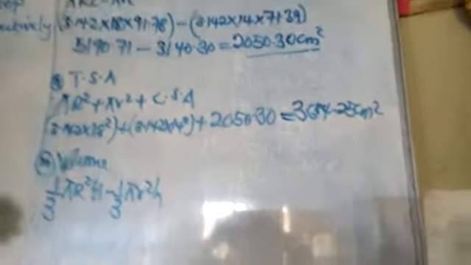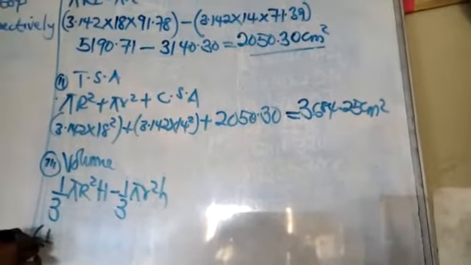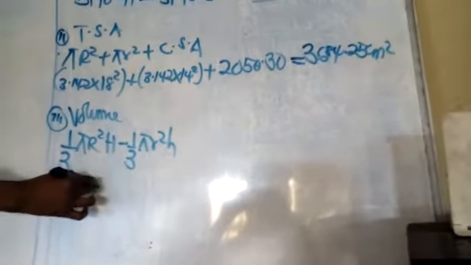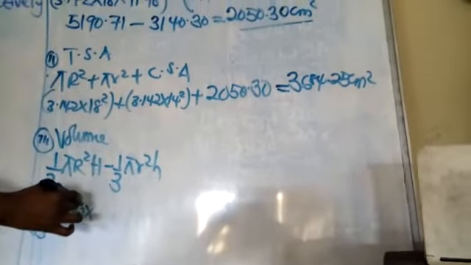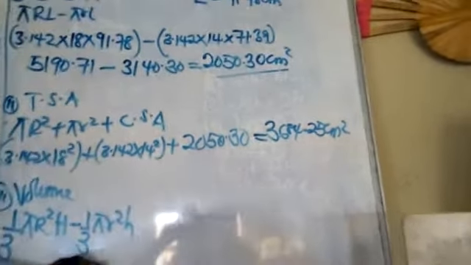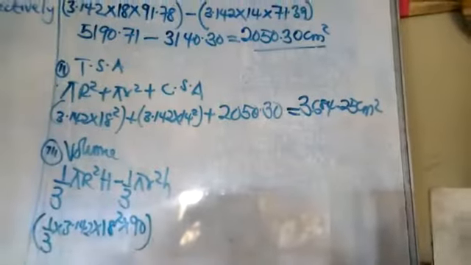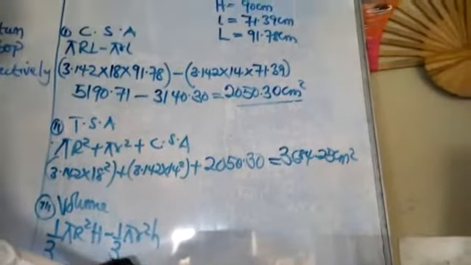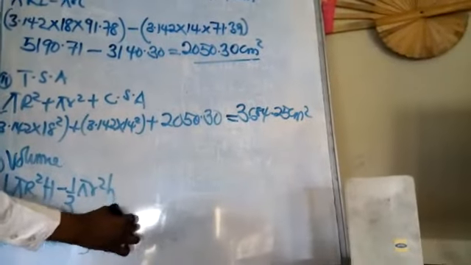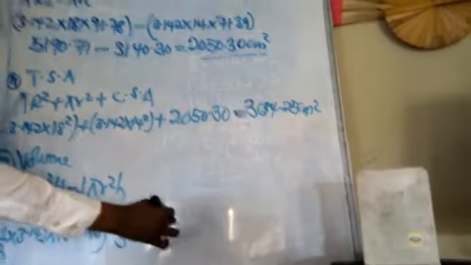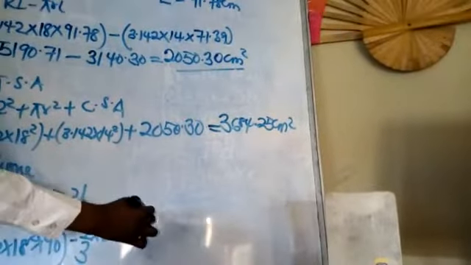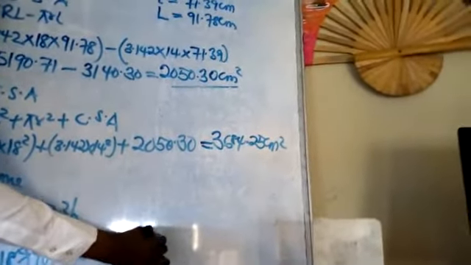Just for you to substitute your values, it becomes 1/3 times 3.142 times the big R, 18 squared, times the big H. We got big H as 90. Don't forget, we got the big H as 90 from the diagram earlier on. This becomes 1/3 times 3.142 times the small r, 14 as given in the question, squared, times the small h, which is 70.